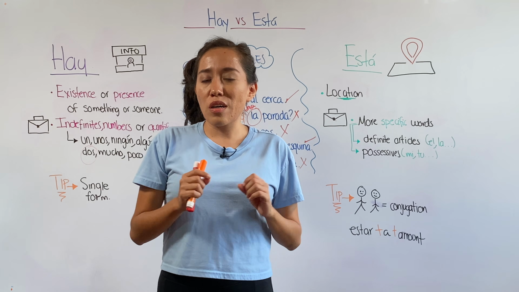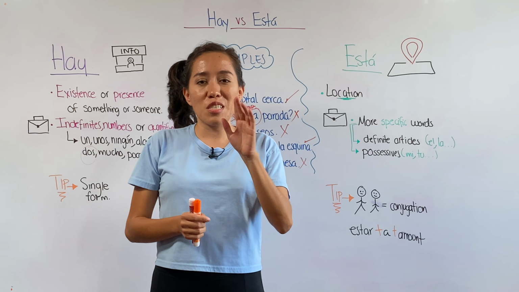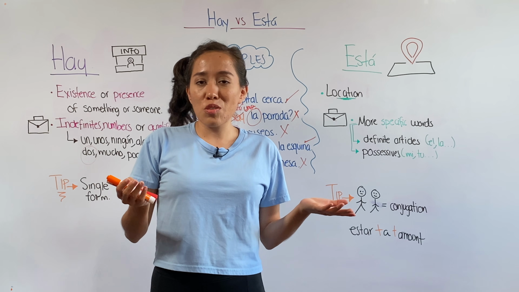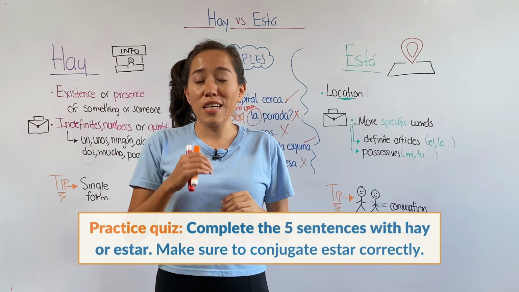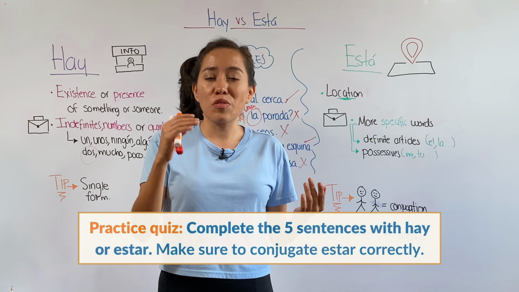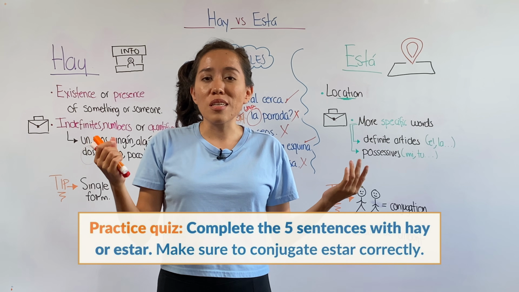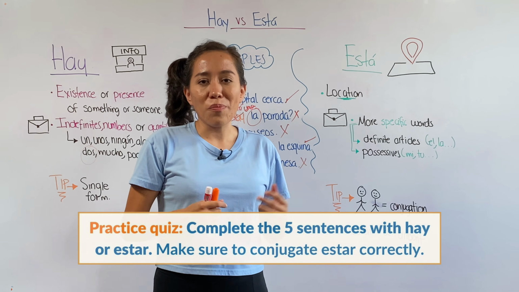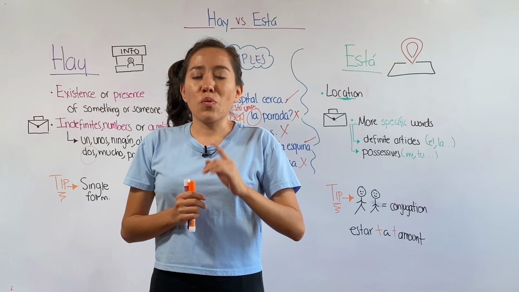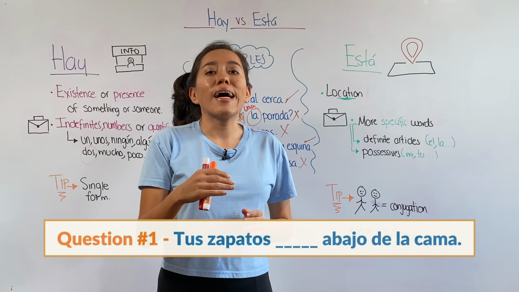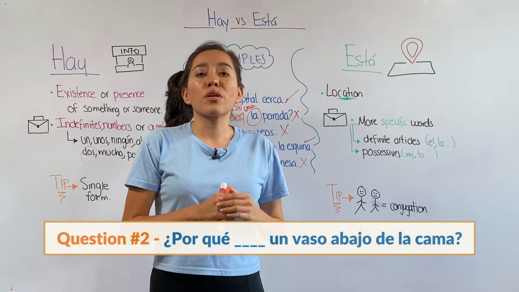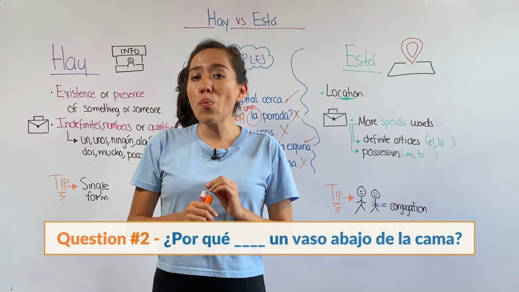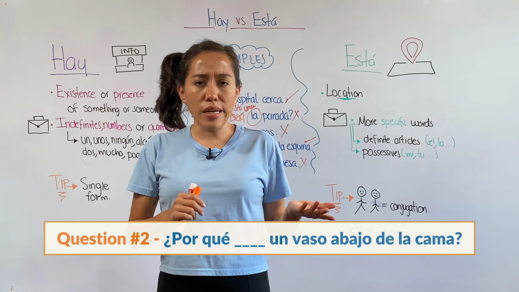To make sure that you understand this topic, I have a very simple quiz for you, and your job is going to be very simple. I'm going to give you 5 sentences with blank spaces, and you just have to fill in the blanks, choosing between hay or estar. Let's start. Number 1. Tus zapatos, blank, abajo de la cama. Number 2. ¿Por qué, blank, un vaso abajo de la cama?